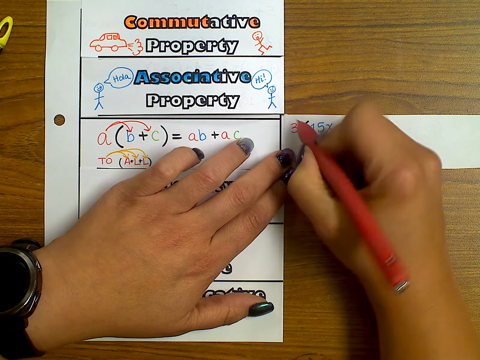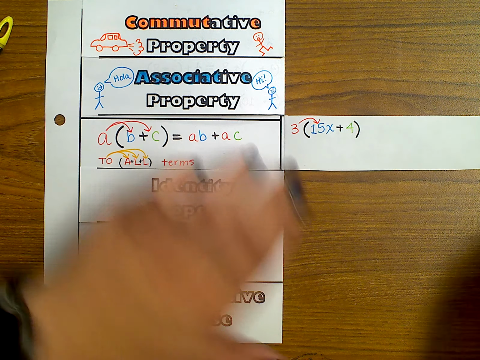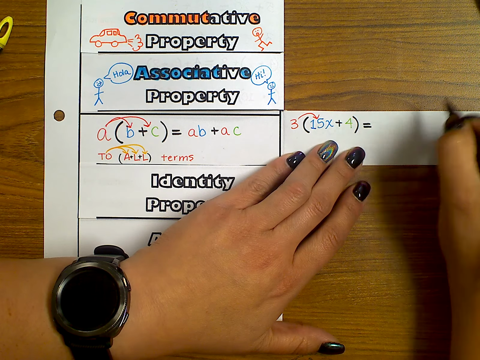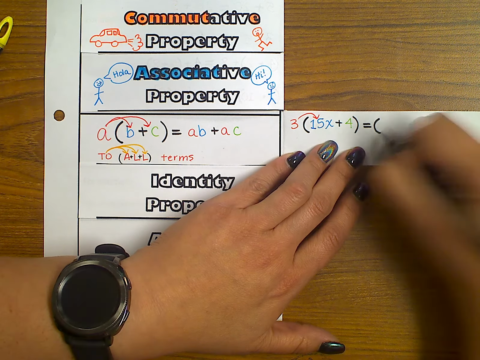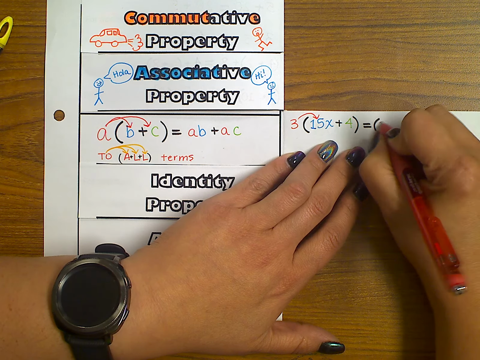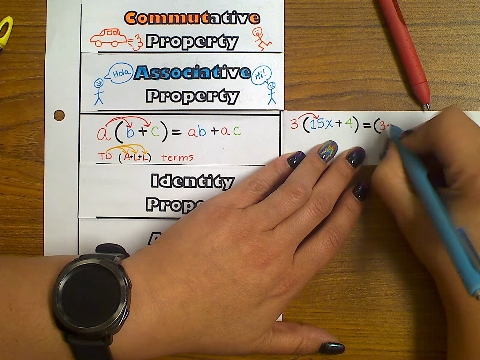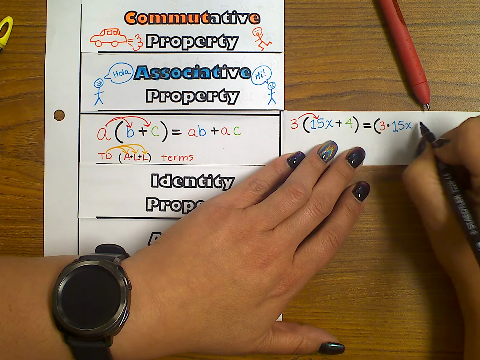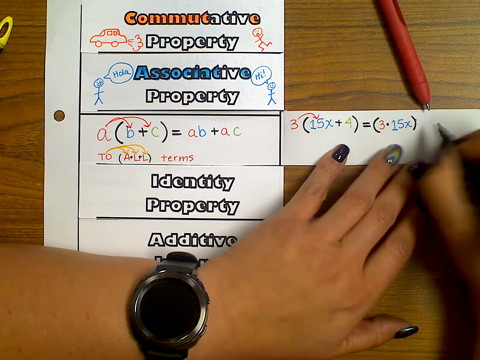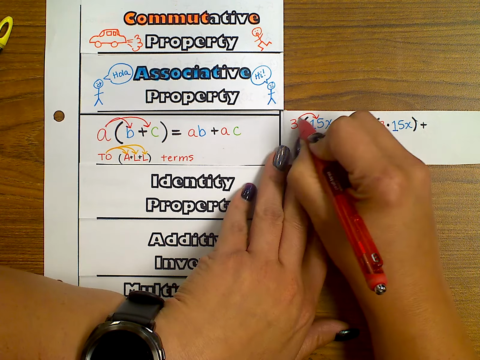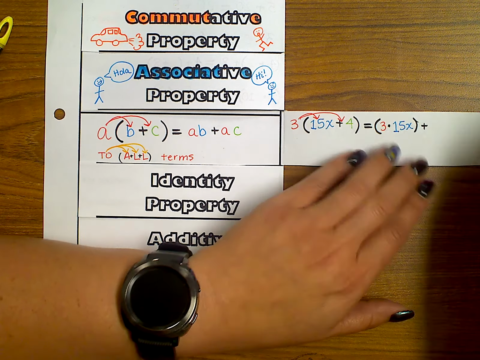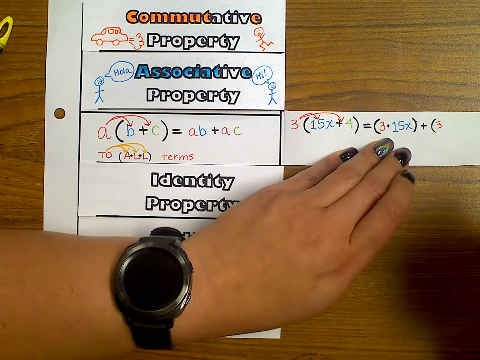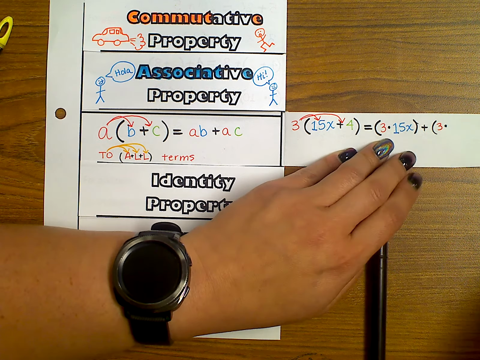So if I were to distribute to the first term, that would give me, I'm going to actually write out that step, 3 times 15x, and then plus, distribute again, to 3 times 4.